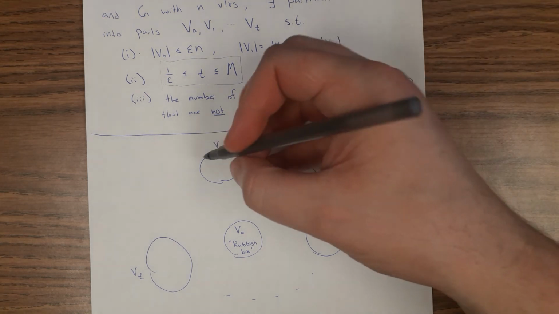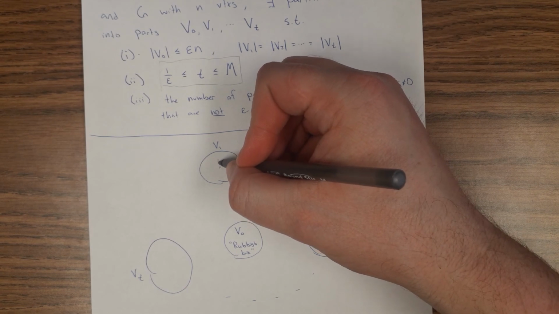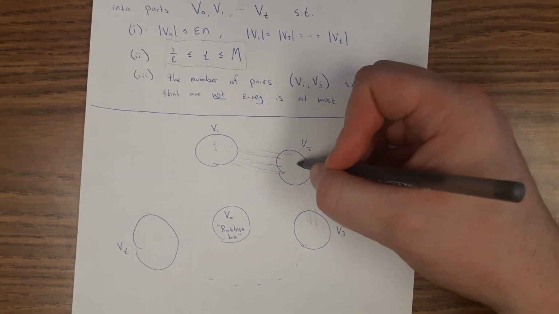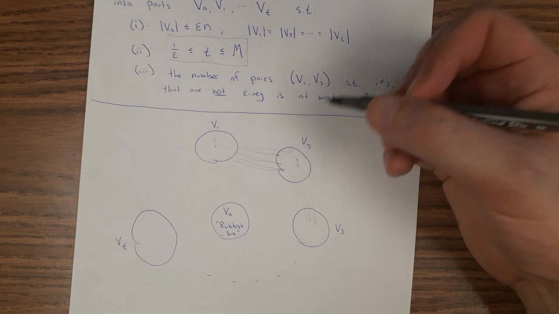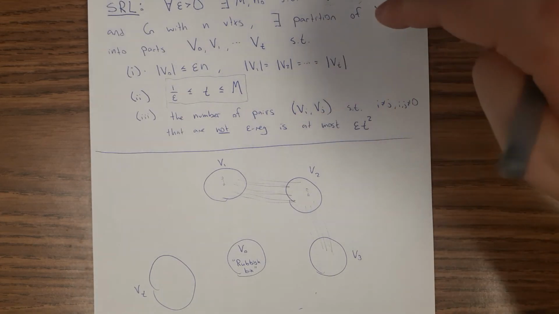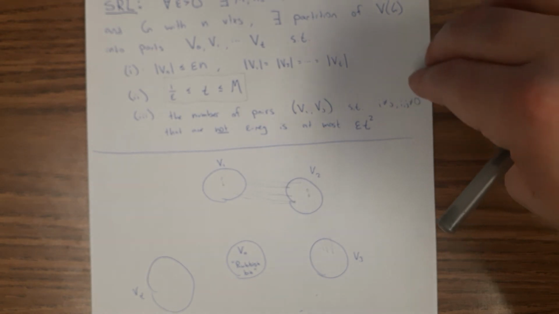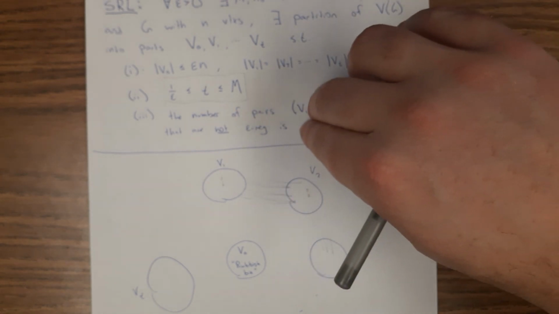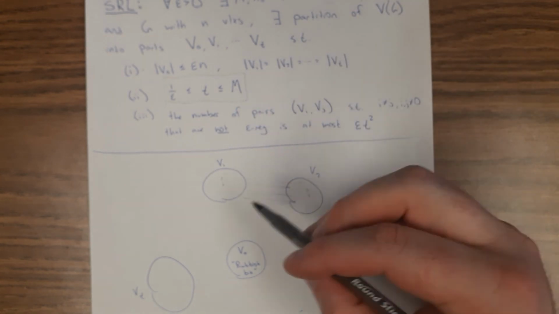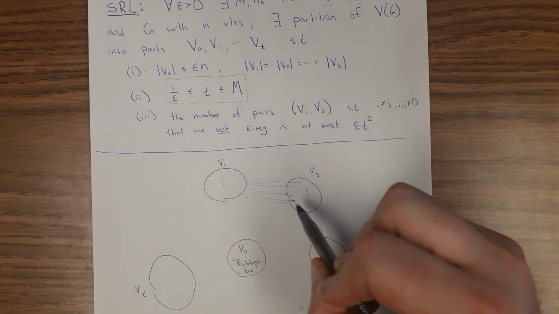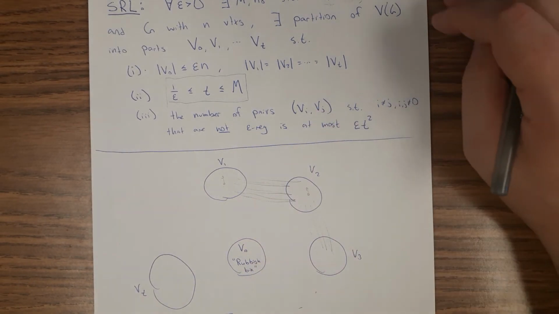It doesn't say anything about edges that would have both ends in V1 or edges that would have both ends in V2. The only claim about edges is contained in here, and talking about epsilon regular pairs, that's all about edges between sets. That's not about edges within sets.